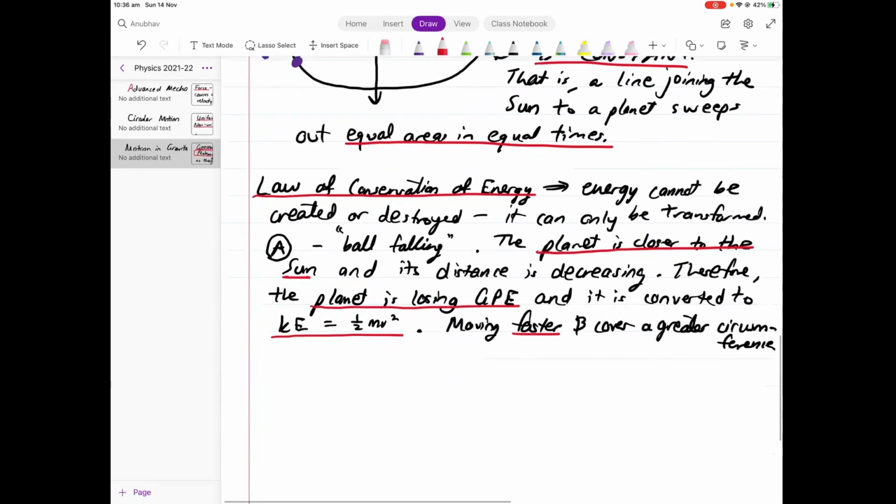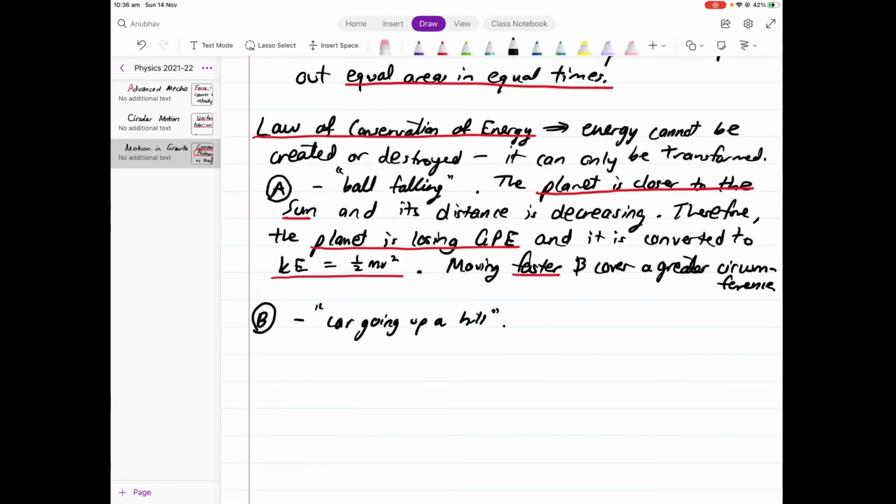And at B, it's like a car going up a hill. If you drive, which I'm sure you do, you realize that if you don't hit the brake, and you don't hit the accelerator, and you're going up a hill, you're going to slow down, right?